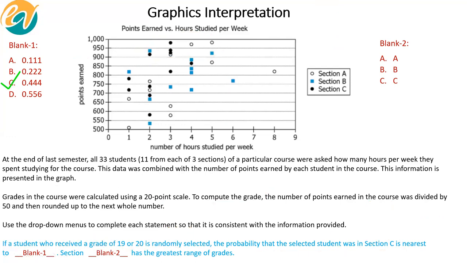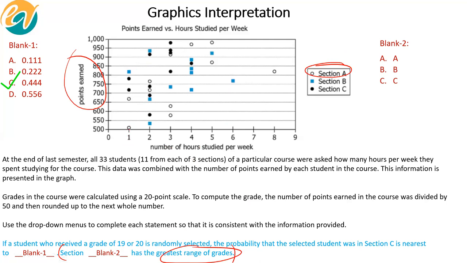Okay. Then I think this should not be difficult. Which section has the greatest range of grades? How did you arrive at A? Range is obviously maximum minus minimum. That defines the range. Essentially the range of grades would correspond to the range of points earned.